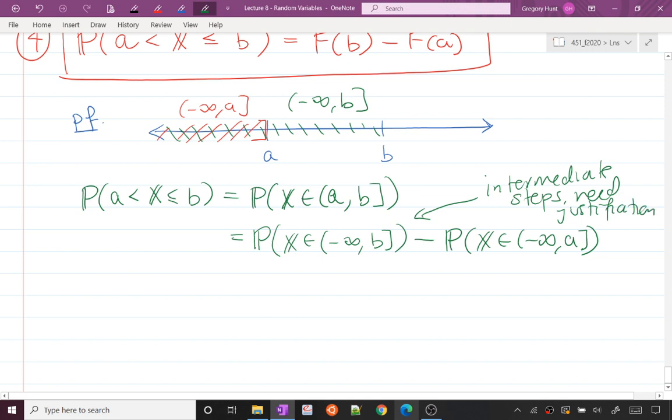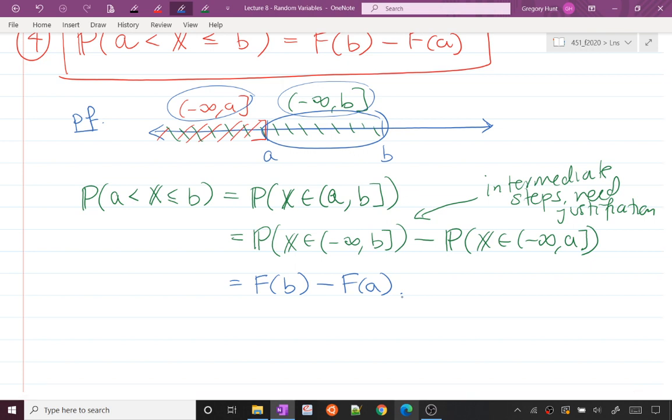From the picture you believe that you want to find the probability that x is in this thing, so take the bigger one and subtract off the small one. And of course, this is F of b, and the smaller one is F of a. So again, some cute little tricks.